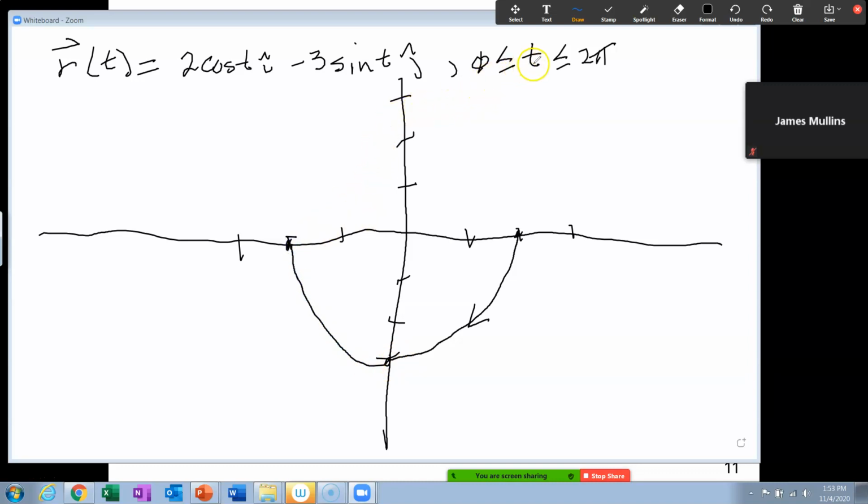And then when you do t is equal to 3 halves pi, cosine of 3 halves pi is 0, so your x value is 0, your y value is plus 3, because the sine of 3 halves pi is minus 1 times a minus 3 is a plus 3.